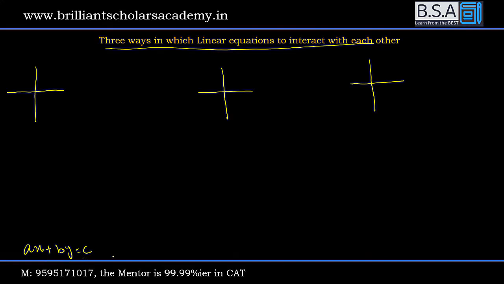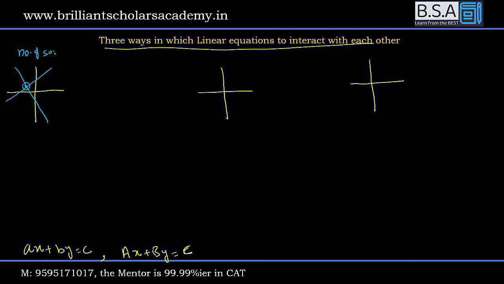Coefficients are small a, b, c. Another equation is capital A x plus capital B y equals capital C. There are two equations. So there is a possibility that these equations will cross each other and give you one solution. Crossover, one solution, unique solution.